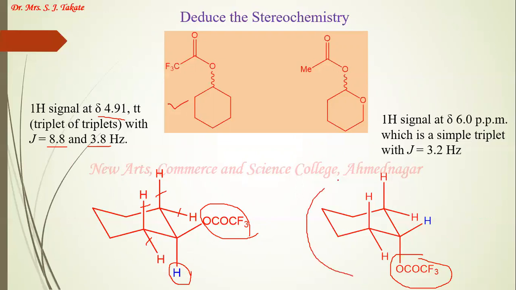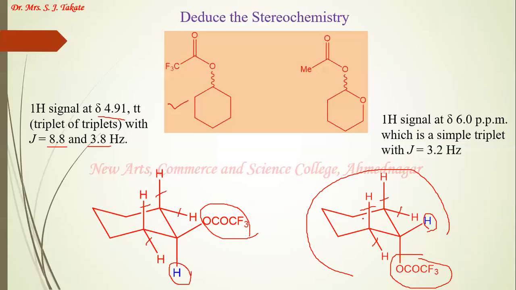Let us take the second conformer possible. The hydrogen is at equatorial position and the ester group is at axial position. Now, for this blue hydrogen, the two neighboring equatorial protons make the dihedral angle of 60 degree, and the neighboring axial hydrogens also make the dihedral angle of 60 degree. So both equatorial as well as axial hydrogens have the same dihedral angle with respect to the blue proton.